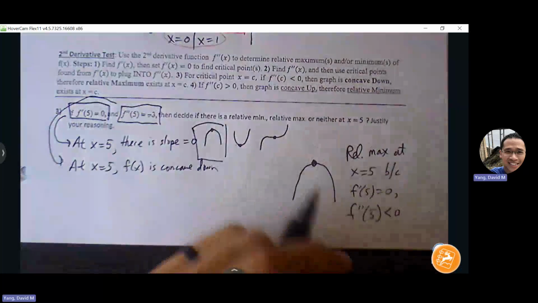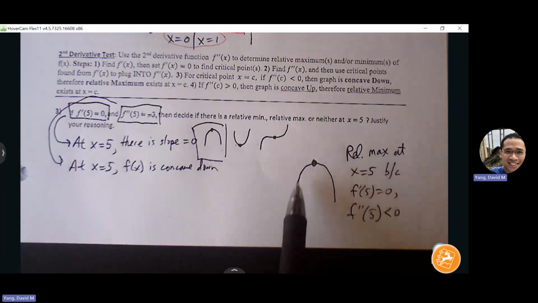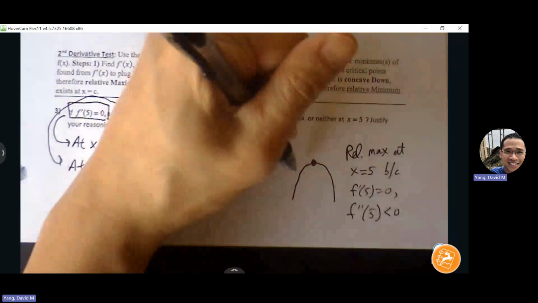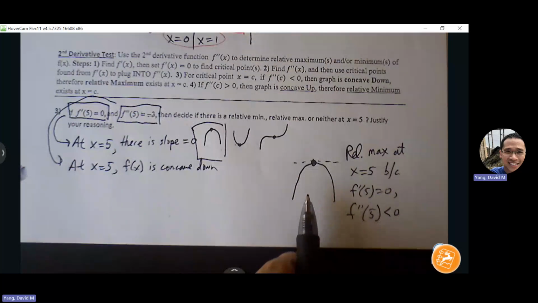And this is the application of the second derivative test. It's basically taking information from two different derivatives and creating a visual connection, understanding that this must be the shape of the graph because there's a slope 0 and it's part of a concave down graph, so it must be a relative max.